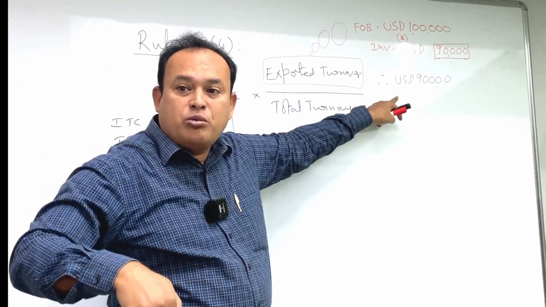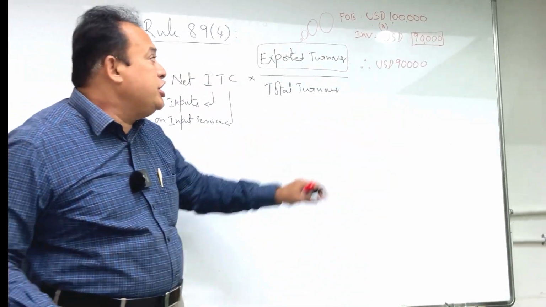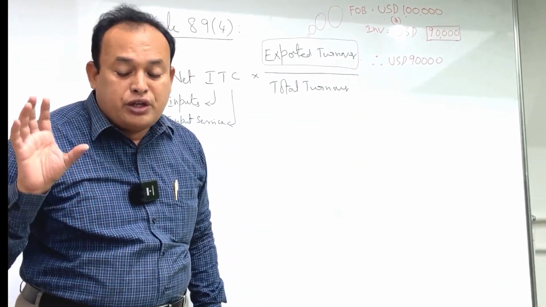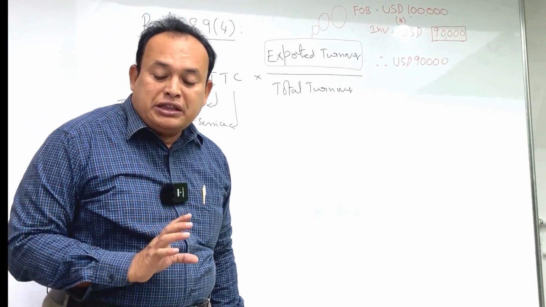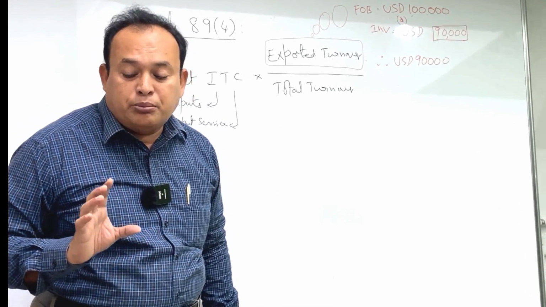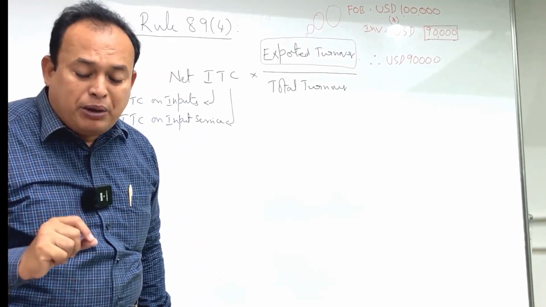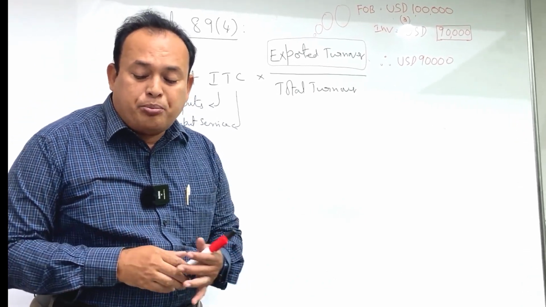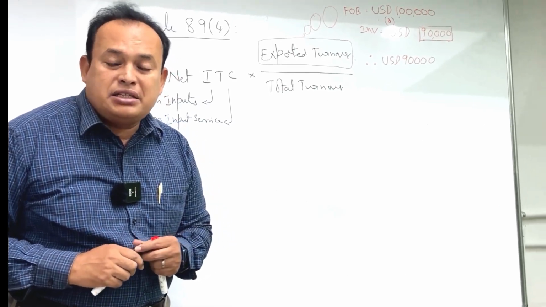Already we have a formula further. Zero rated supply of goods means the value of zero rated supply of goods made during the relevant period without payment of tax under bond or letter of undertaking, that value or 1.5 times the value of like goods domestically supplied by the same or a similarly placed supplier.